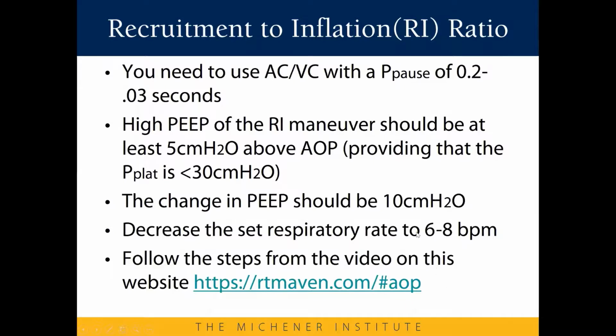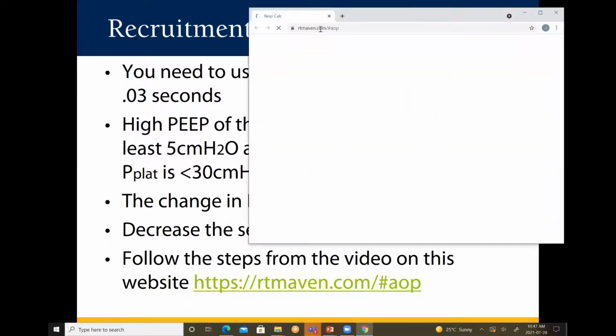During this maneuver, we're going to temporarily decrease the rate to 6 to 8 breaths per minute. And we're going to follow the steps from the video that we have linked. So I'm just opening up this website so you can see it.